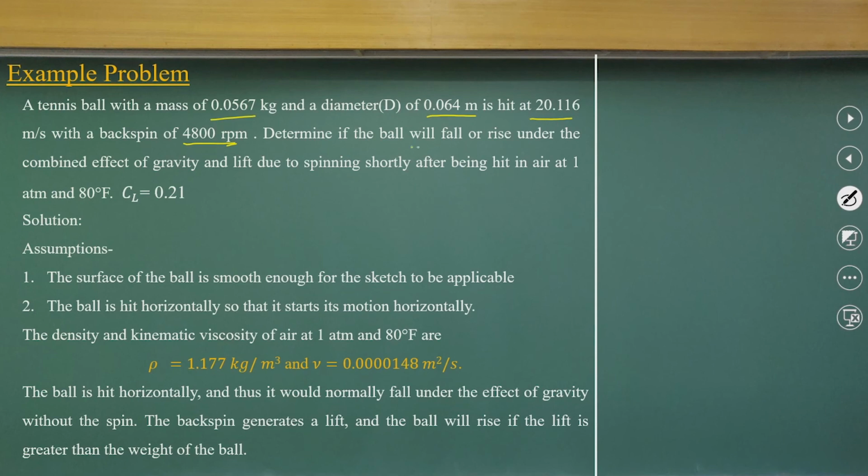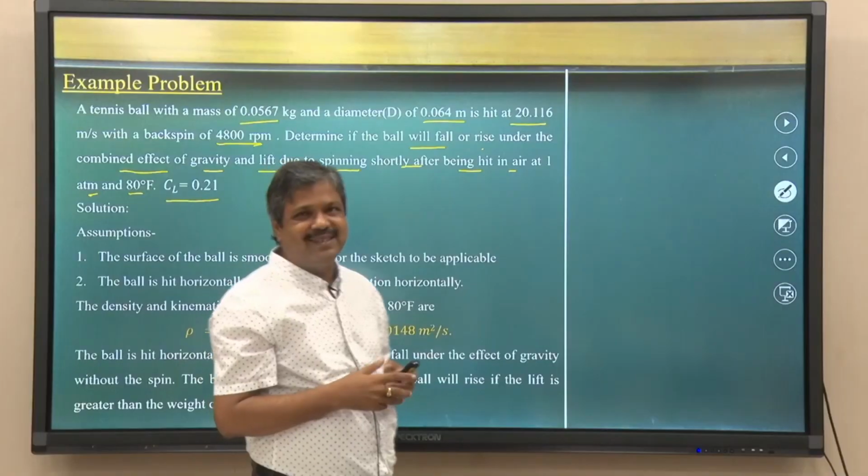Determine if the ball will fall or rise under the combined effect of gravity and the lift from spinning, shortly after being hit, in air at 1 atmospheric pressure and 80° Fahrenheit. The coefficient of lift CL is given to us.